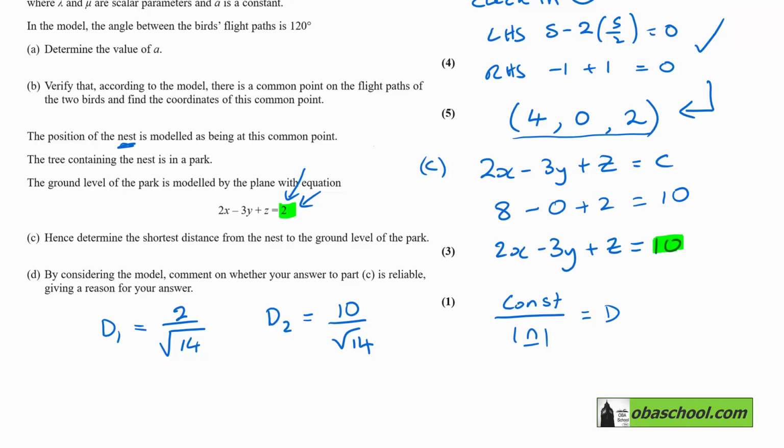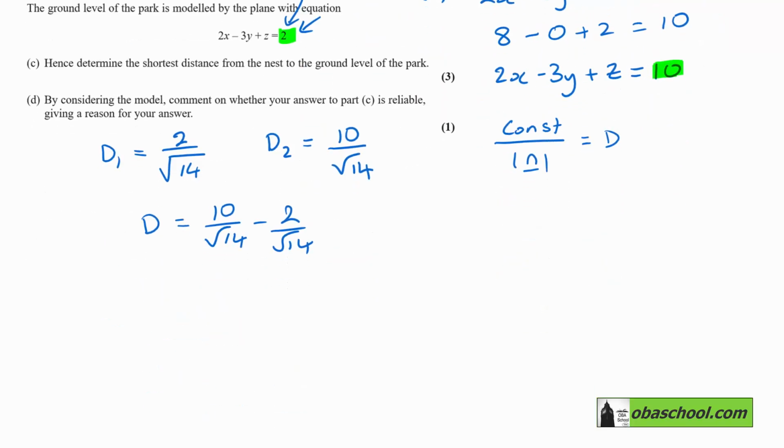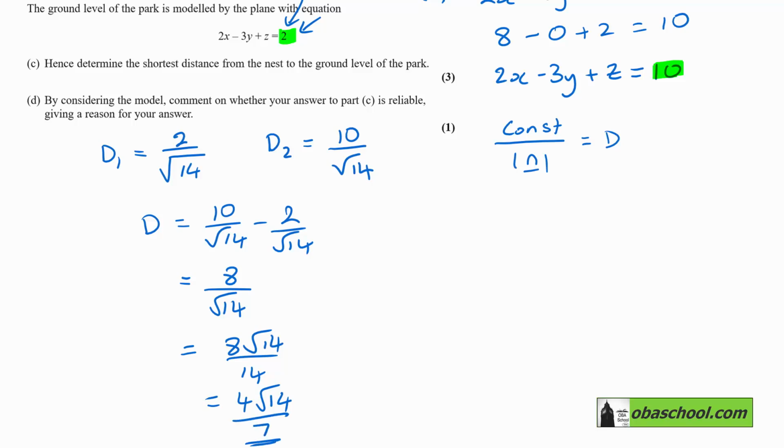The fact that they're both positive tells us that the planes are on the same side as the origin, and therefore the distance between them is going to be 10 over root 14, take away 2 over root 14, and that is going to give us 8 over root 14, which is 8 root 14 on 14, which is 4 root 14 on 7. We just have one part of the question left, which is this one here.